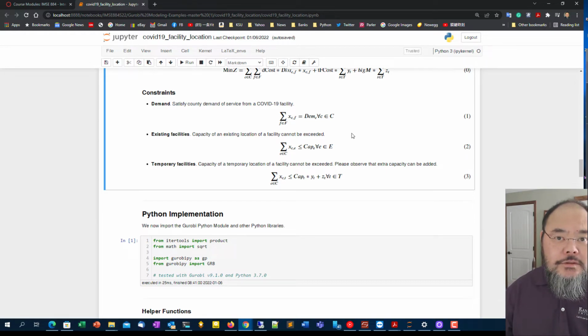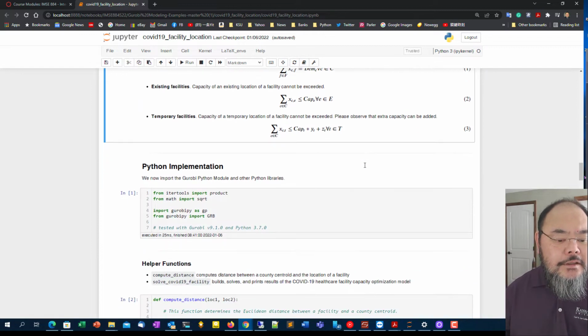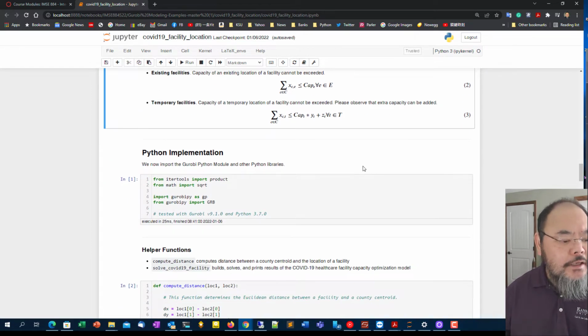However, we're trying to set up a new temporary facility, and each one of the temporary facilities has a cap as well, the capacity, which is 100 patients. And we have an option also to increase additional, we call it extra capacity, and that is covered by the decision variable called ZT. T is a temporary facility index.